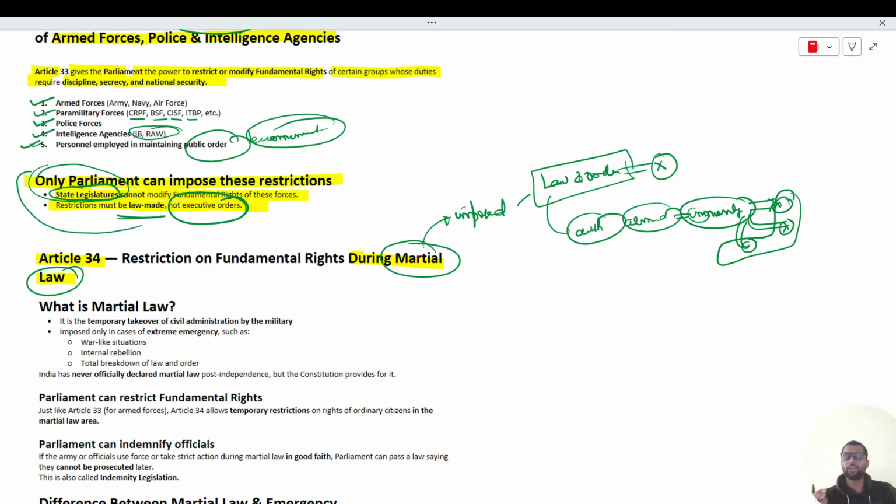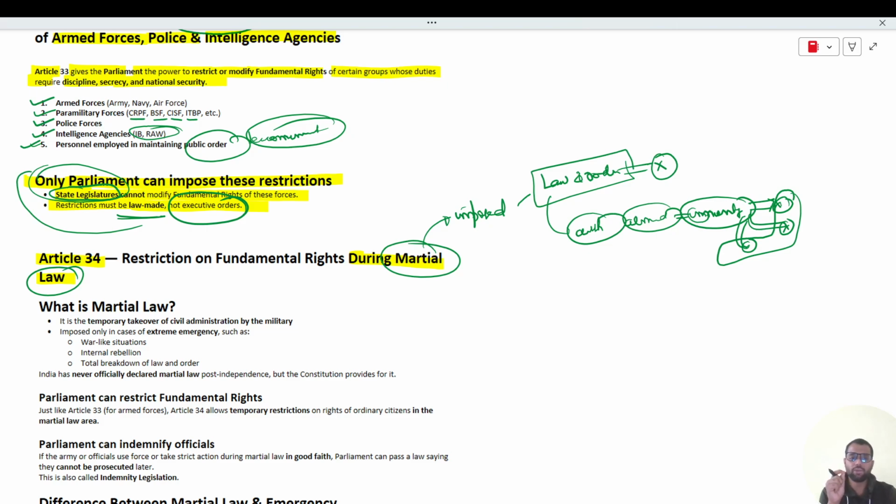The imposition of martial law itself inflicts fear on the violators of law and order: if martial law is enforced, the police or armed forces now responsible for maintaining law and order can go to any extent, and for that course of action they cannot be prosecuted under any law, because they are protected under martial law. So martial law is imposed only during extreme breakdown, the first condition.